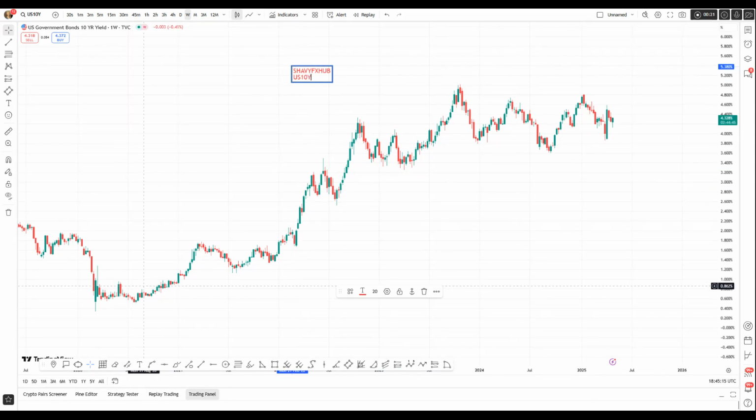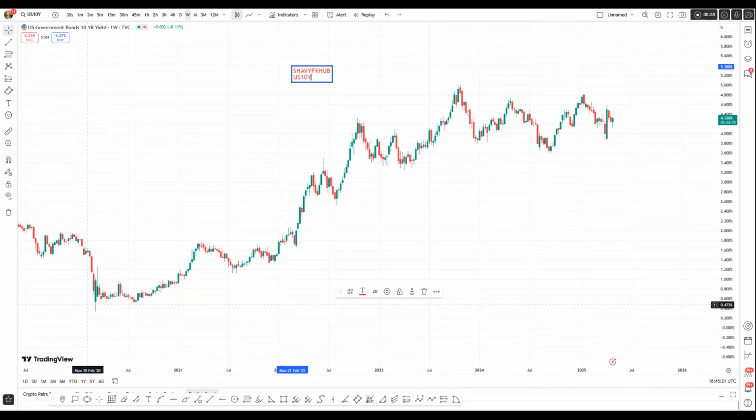So we can see from the structure that since 2020, the bond yield has been rising, a sharp rise from 0.63, where it was in 2020, to a new high of 4.9 in 2023.